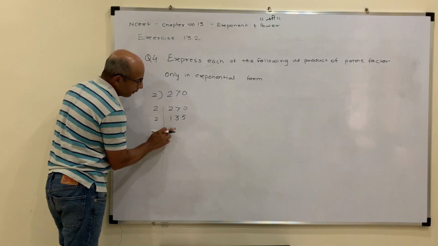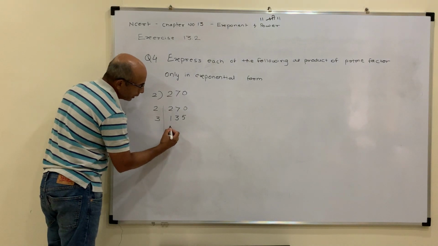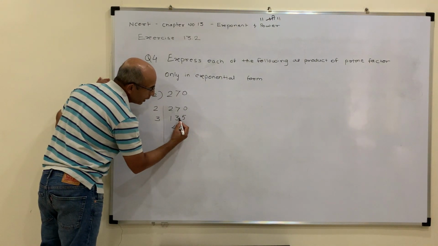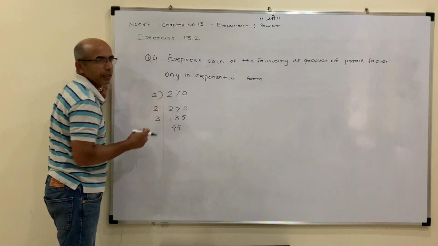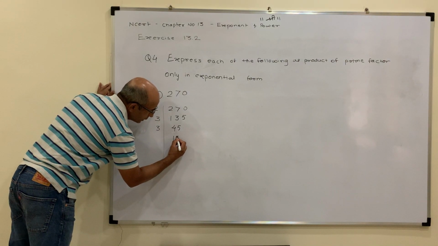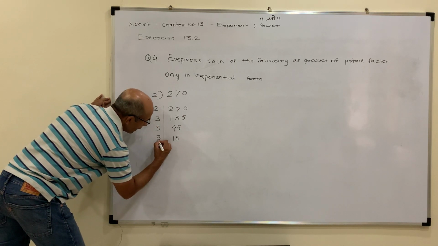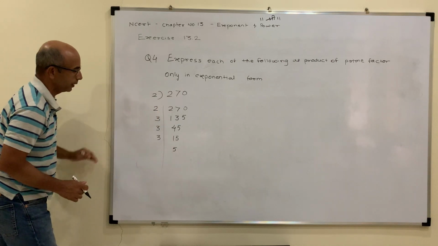So it can't be divided by 2. So we move on to 3. 3 4s are 12, 3 5s are 15. So now we'll continue with 3. 15 3s are 45, 5 3s are 15.